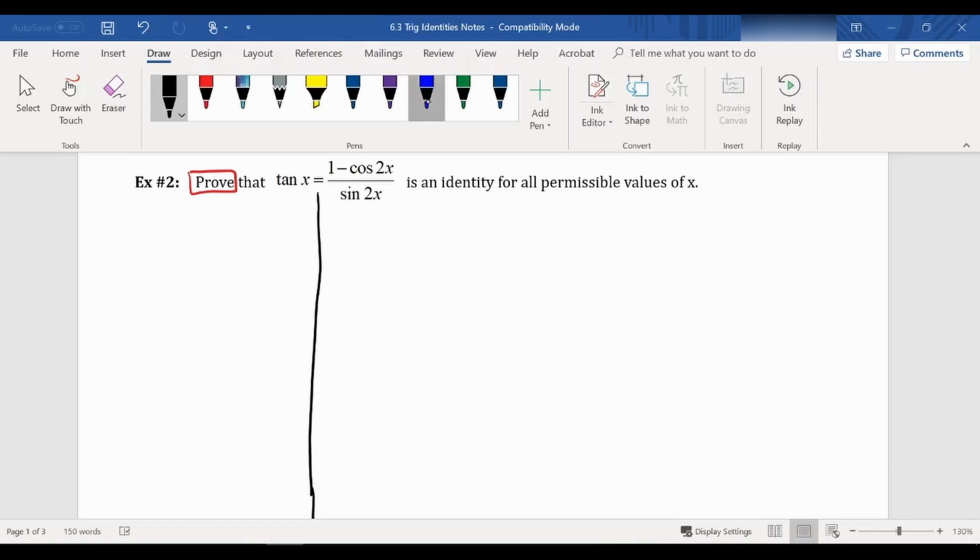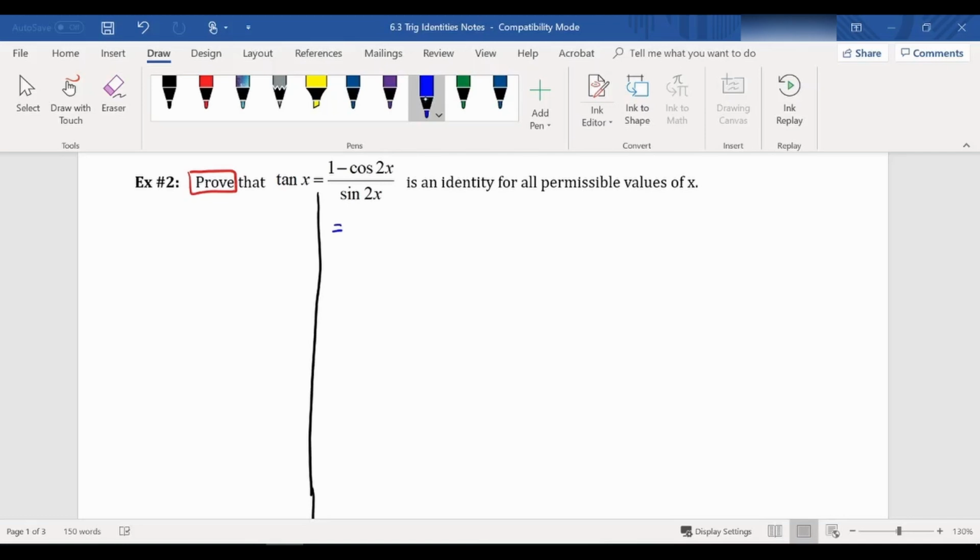Okay. So on the top, I know that I'm going to have a double angle identity. And on the bottom, I have a double angle identity. You are welcome to put these identities in at the same time. I like to start with sine 2x because I know what that one is.